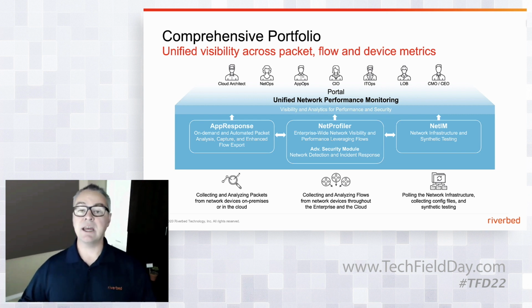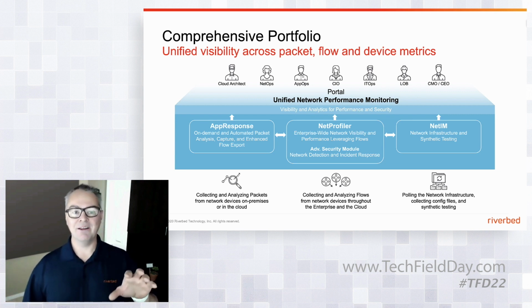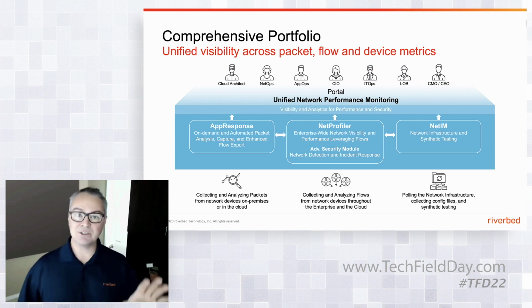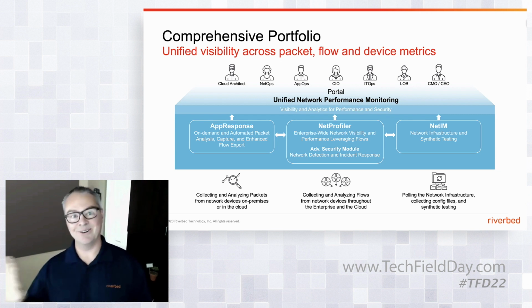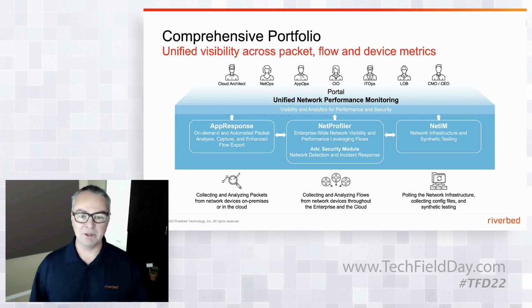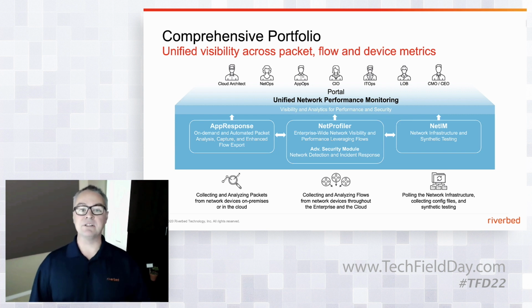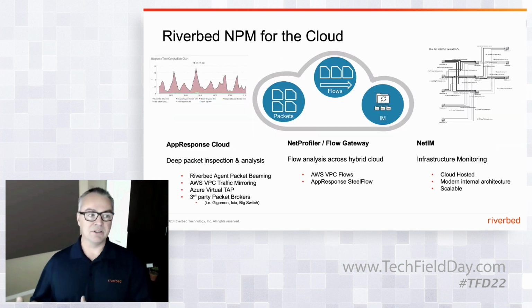Well, we understand that networks being complex like they are, you have a lot of hybrid networks, right? So there are still physical data centers, and then you've got public-private cloud stuff going on. And so we are able to provide that visibility in the cloud as well, right?